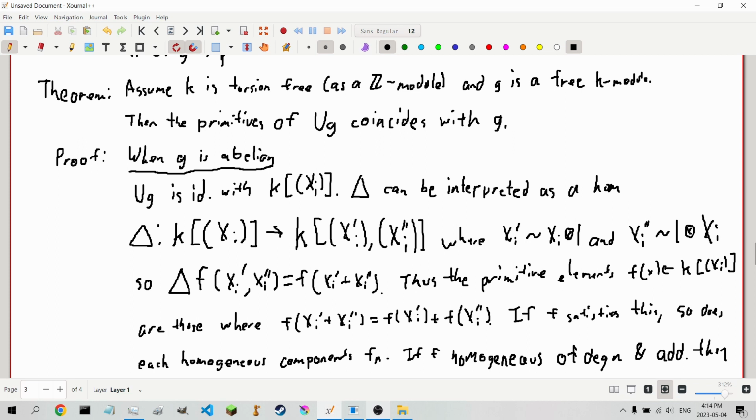Now, first off, look at the case when G is abelian. You saw that, right? Like, part of the line just vanished.